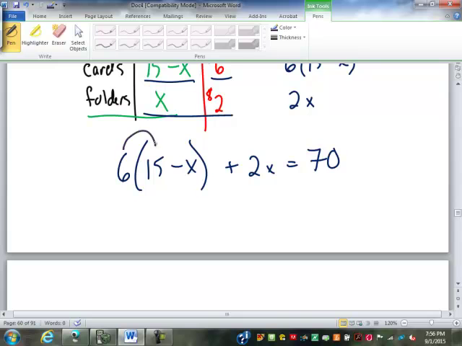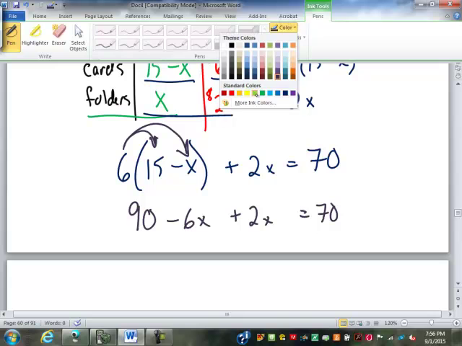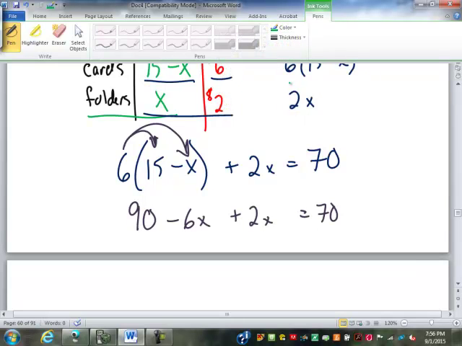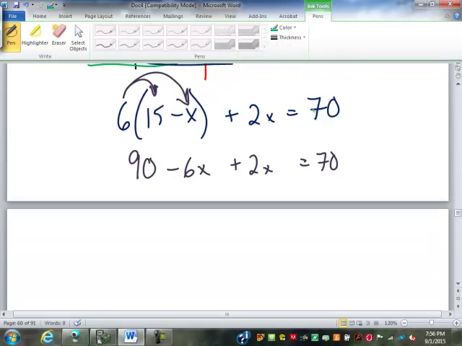Distributing the 6 times 15 is 90. 6 times negative X is negative 6X, plus 2X equals 70. Next, we have the negative 6X and the 2X combined to make negative 4X.